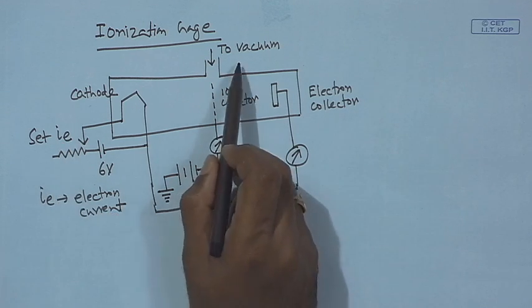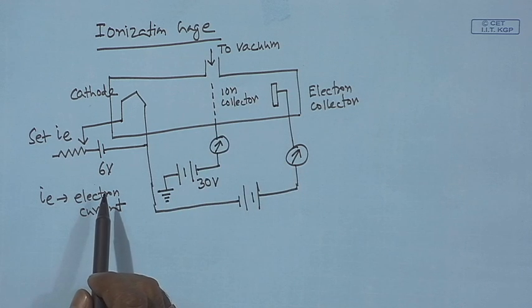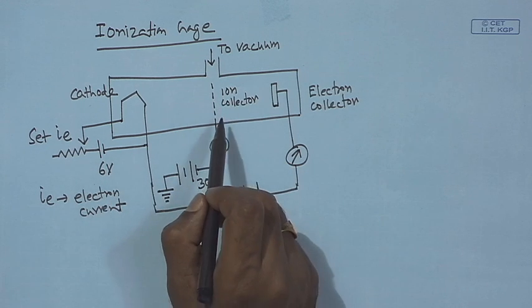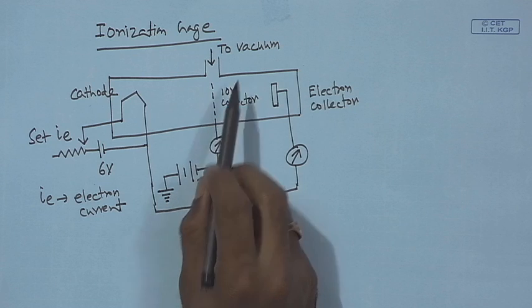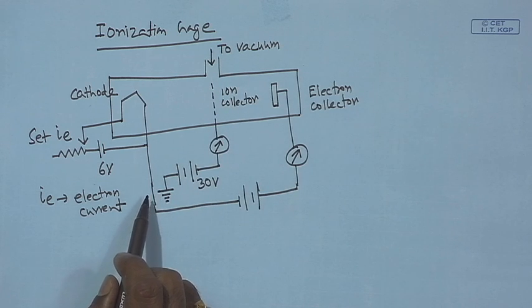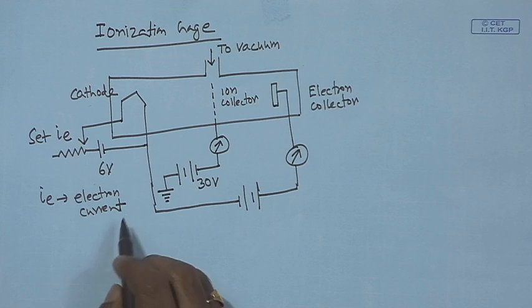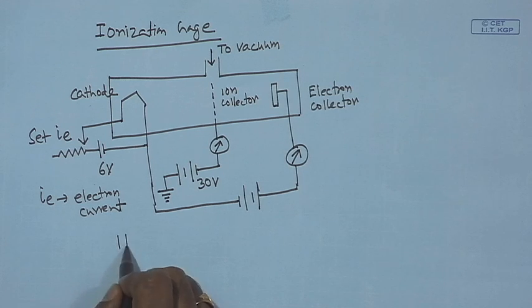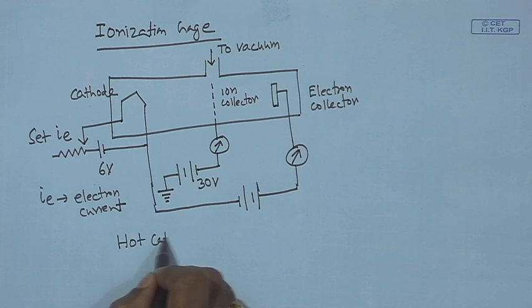and given gas, the ion current is a direct measure of the pressure. This is known as hot cathode ionization gauge.